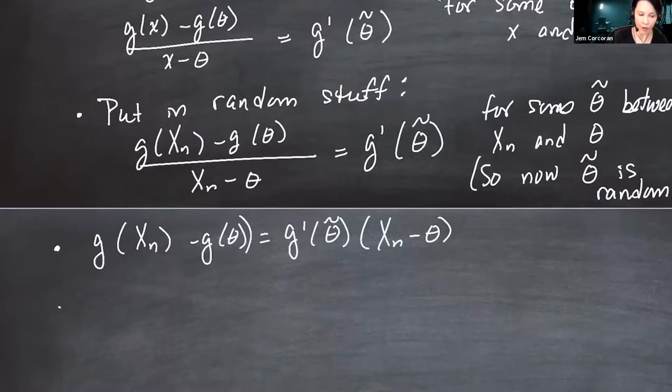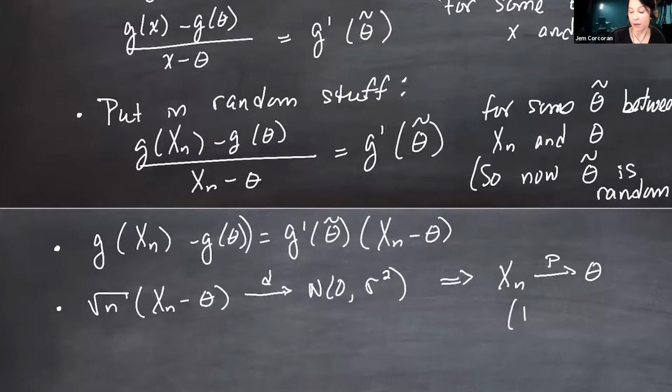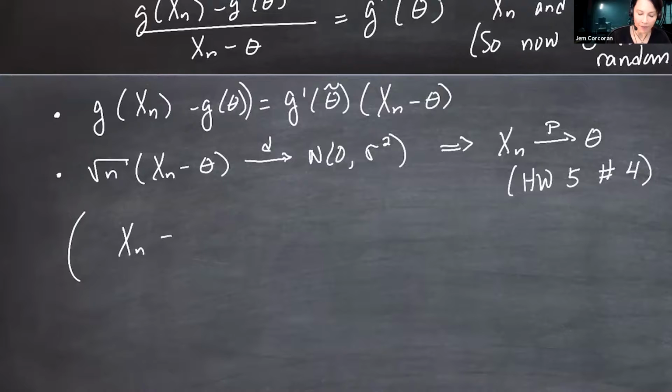Okay, so we were given that the square root of n times (Xn minus theta) is converging in distribution to a normal 0, sigma squared. And this implies that Xn is converging in probability to theta, and this comes from homework 5, number 4. Xn we can write as 1 over the square root of n times the square root of n times (Xn minus theta), plus theta.